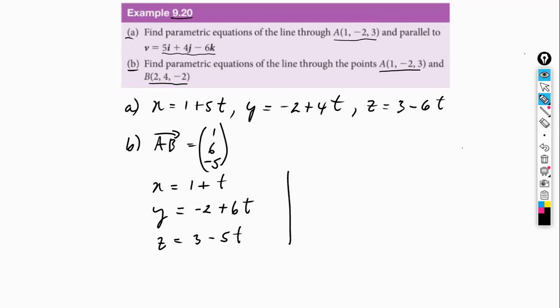An alternative solution would be using point B as the starting point or as the reference. So it would be x is equal to 2 plus t, y would be equal to 4 plus 6t, and z would equal negative 2 minus 5t.